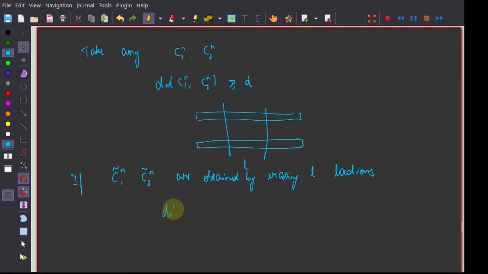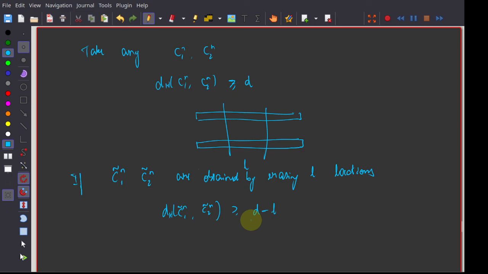Then the distance between C1 tilde and C2 tilde should be at least d minus L. Right? You all agree?